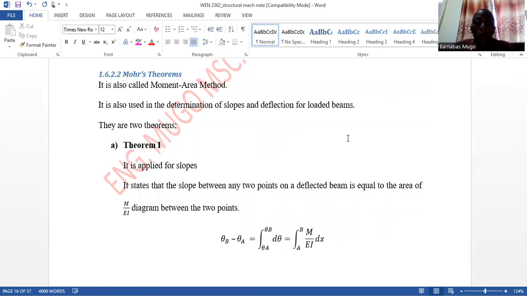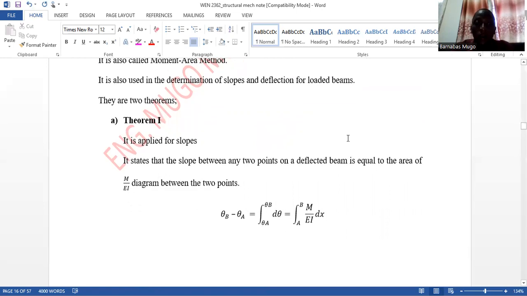And therefore, when you have the loading moment, theorem 1 states that the slope between any 2 points on a deflected beam is equal to the area of the M over EI diagram, the moment area diagram of that section.